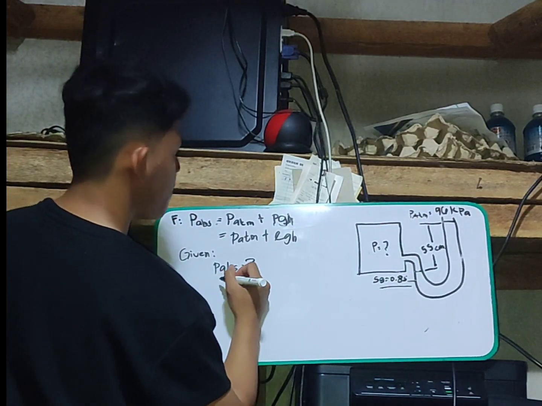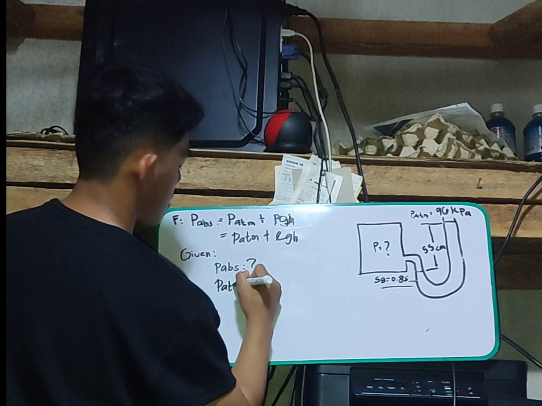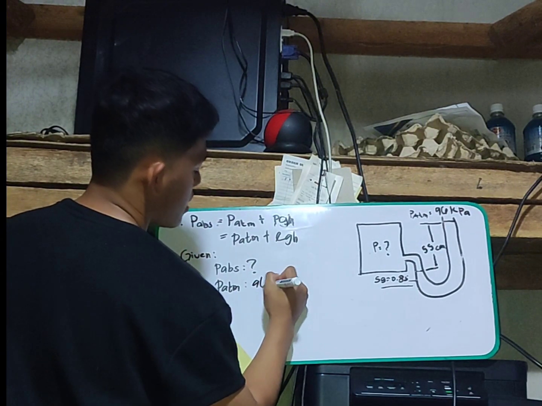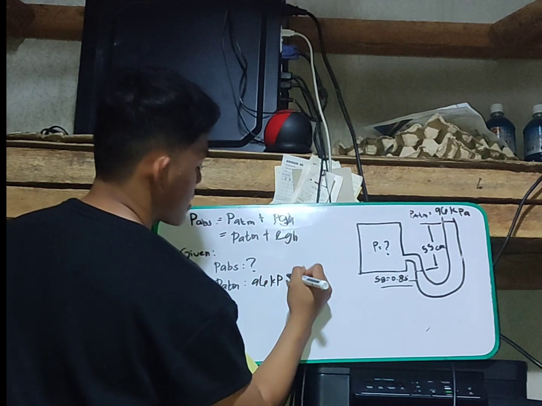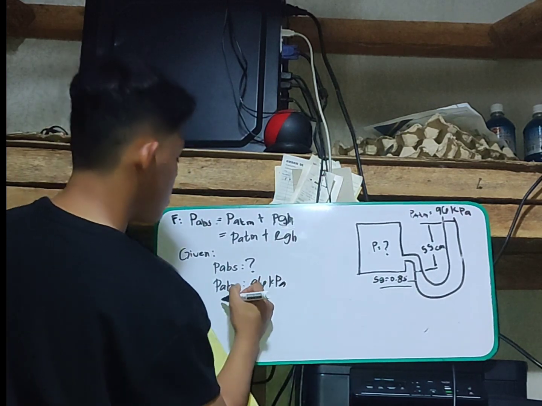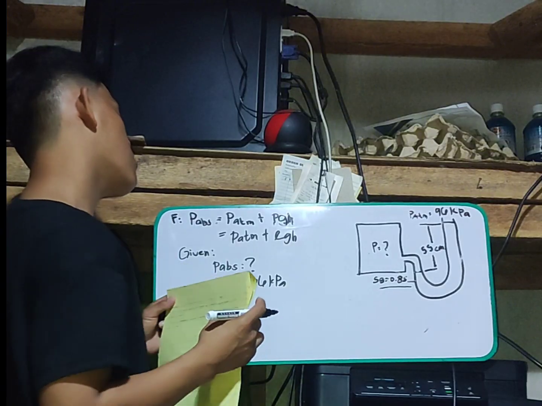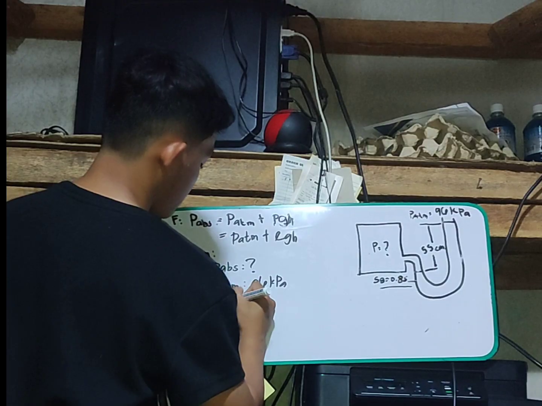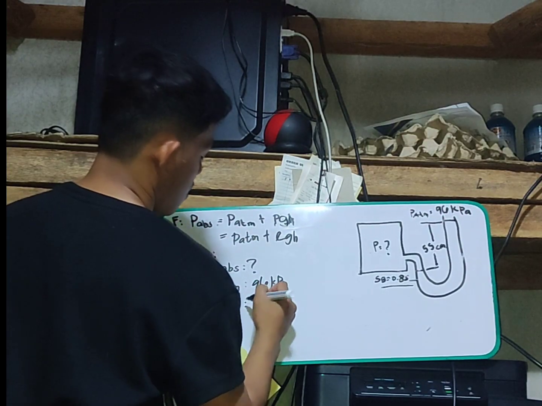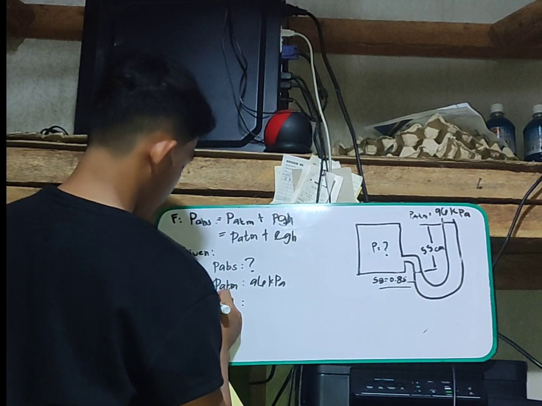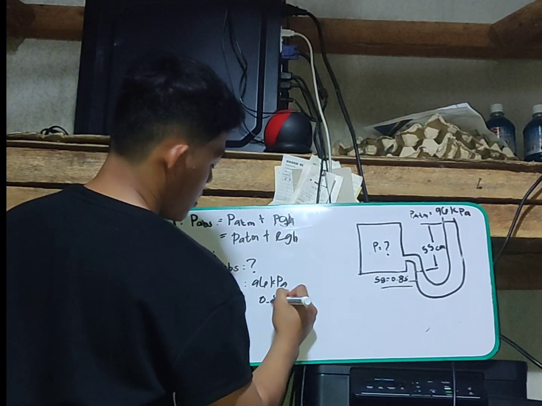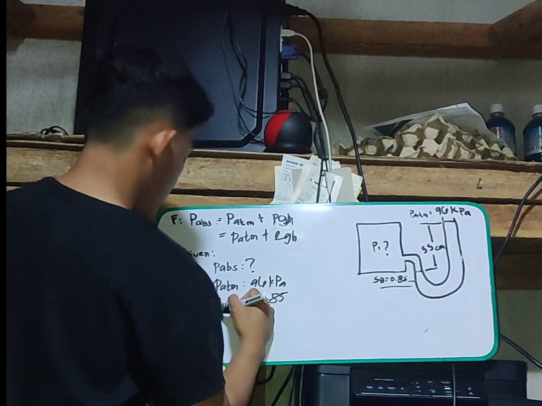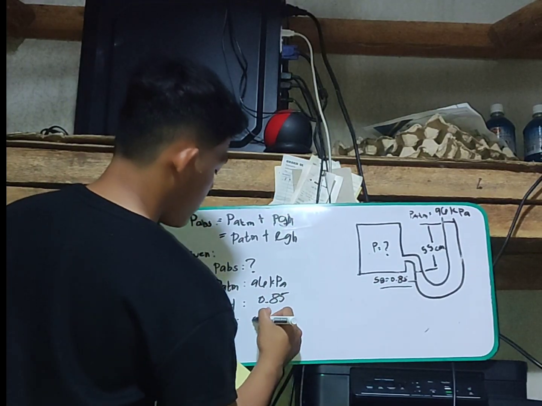We have the atmospheric pressure, which is 96 kilopascals. We have also the fluid, or specific gravity, 0.85. We have also the height, 55 centimeters.